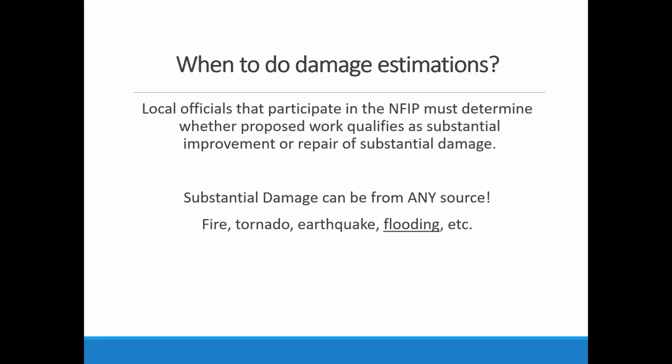And having these requirements for substantial improvement and damage are part of the NFIP participation and the agreement with FEMA that you are adopting. And so our substantial damage stuff in our ordinance is really just tied into the improvement section. And so if you want to read that carefully, again, they are pretty much the same thing.